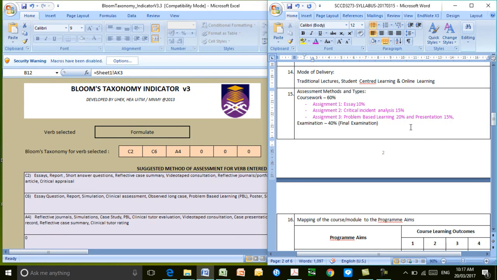Okay, over here, case presentation. So based on the problem-based learning, they will present the case, right? So this is how we use this Bloom taxonomy to identify and validate our course learning outcome, as well as to suggest to us the possible methods for assessment.